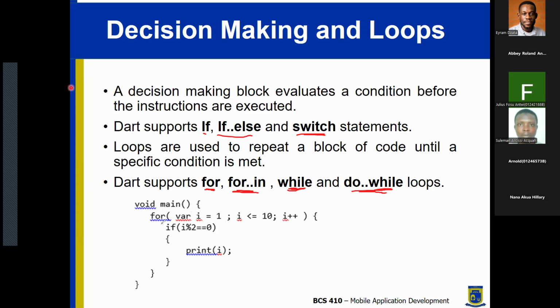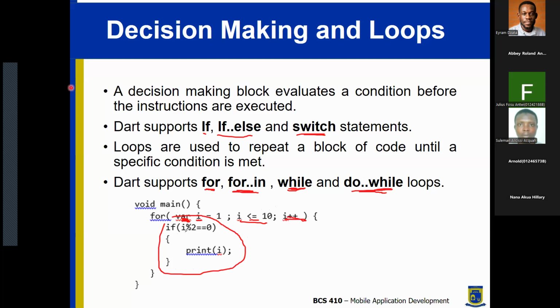So how do we implement it? Just like we do in C++ and Java, you use your for loop. So var, like we said, var is used for declaring variables. So var i equals 1, i less than or equal to 10, so the condition is here. Then i plus plus, which is the updation or the increment. And then over here is implementing the if statement.